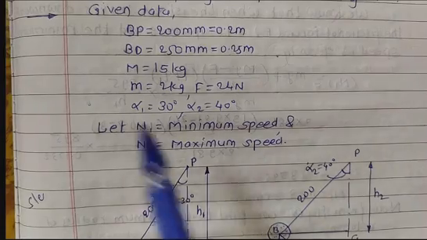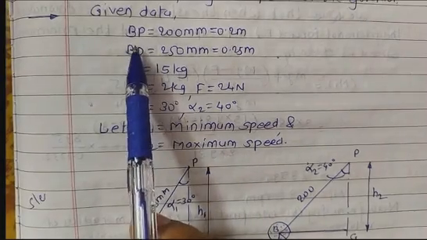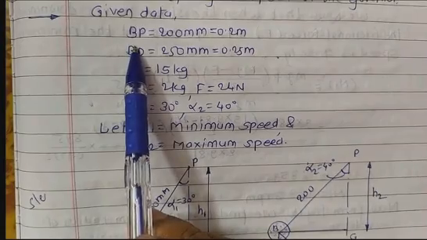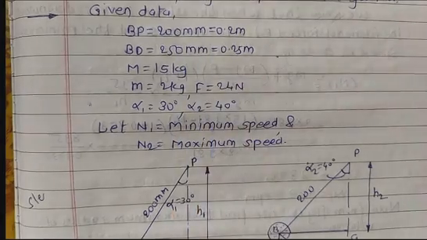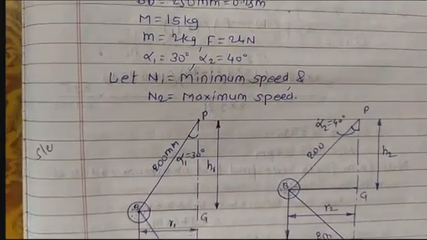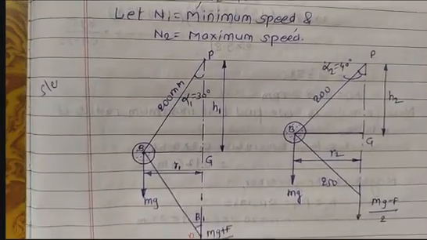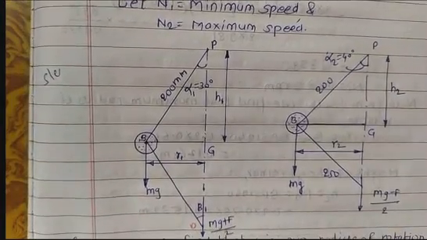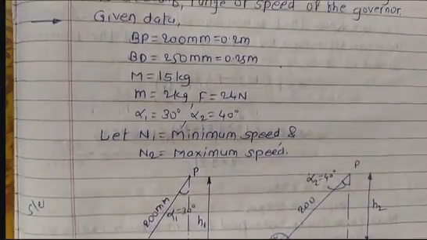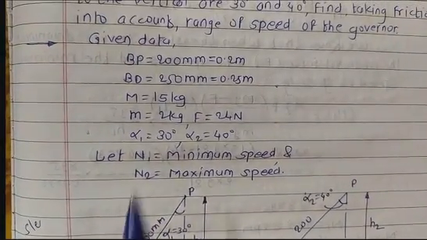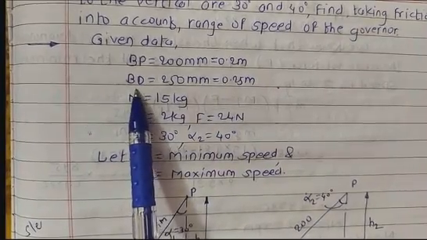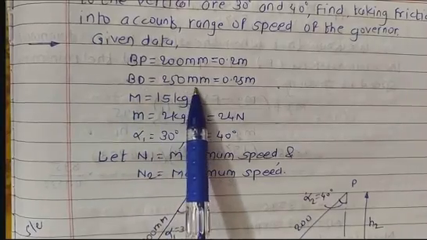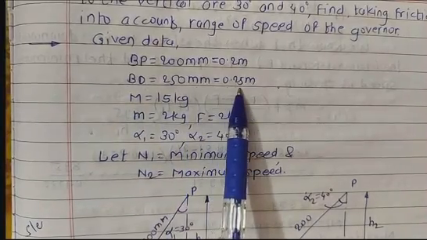First of all, write down the given data. Length of the upper arm, that is BP, equals 200 mm. Then length of the lower arm, that is BD, is 250 mm. Convert this into meters.